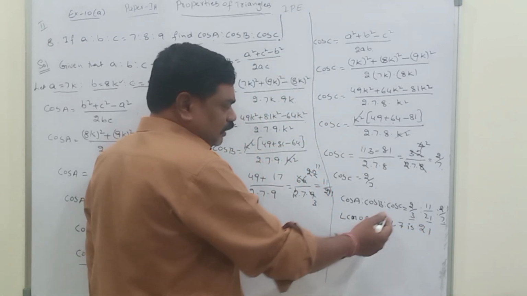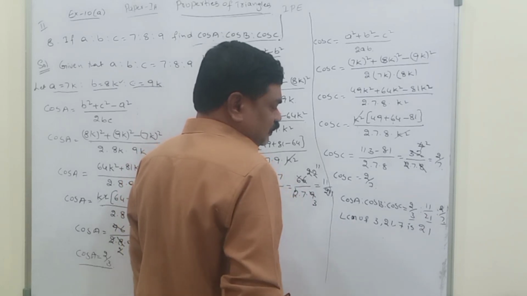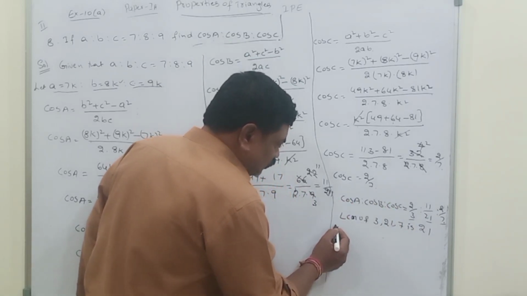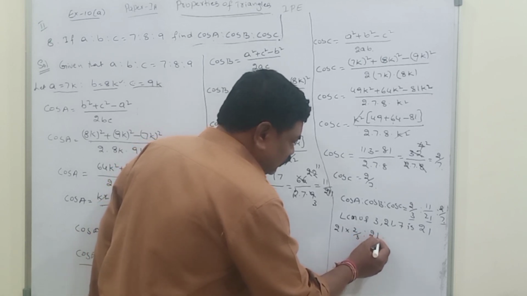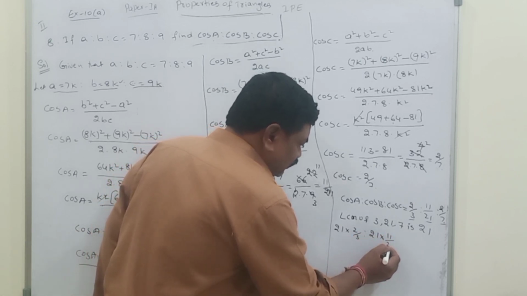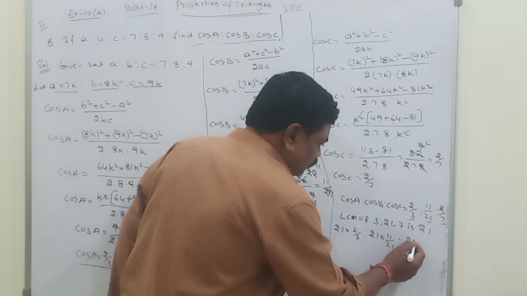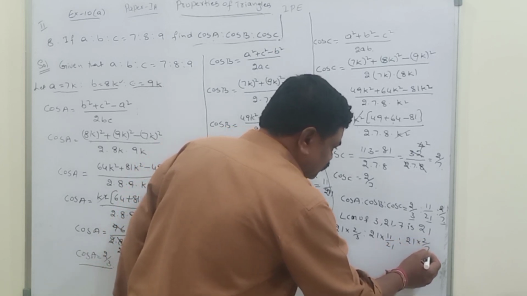So you have to multiply the total ratio with 21. So 21 into 2 by 3 is to 21 into 11 by 21 is to 21 into 2 by 7.